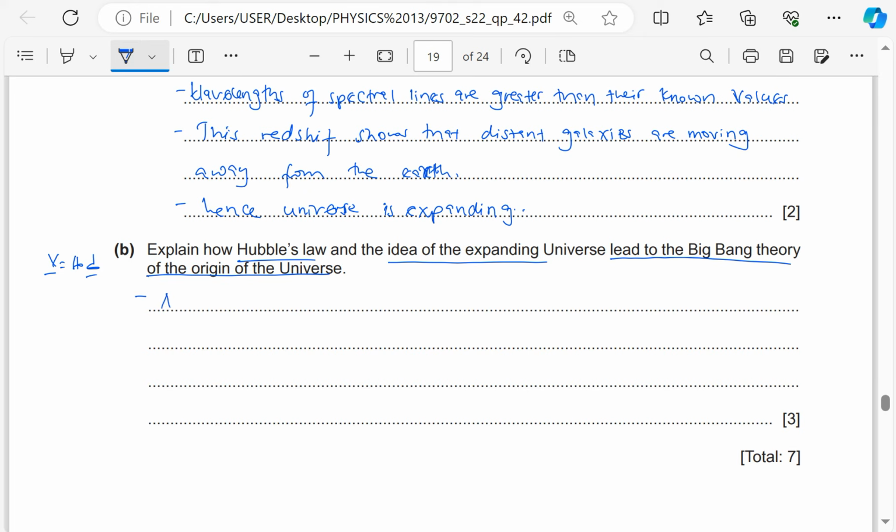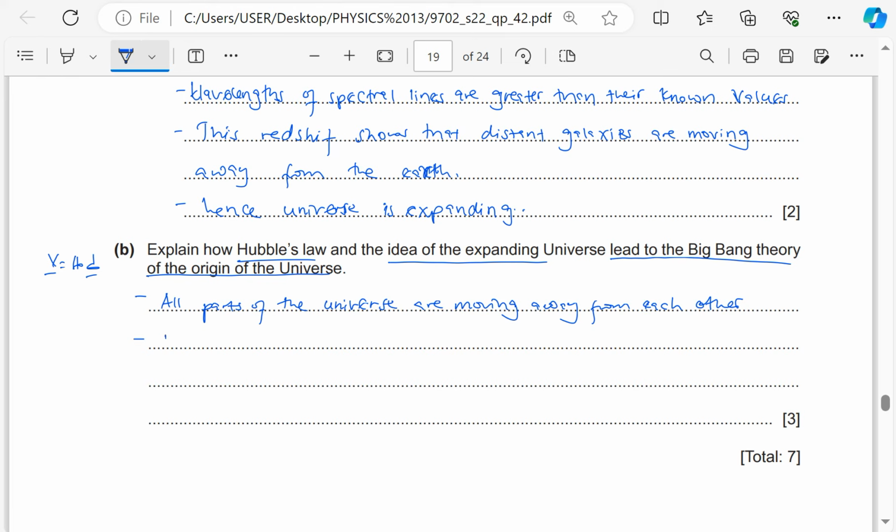So we can say all parts of the universe are moving away from each other. That is according to the idea of the expanding universe. So if all parts are moving away from each other, it means the more distant an object is, the faster it must be moving.